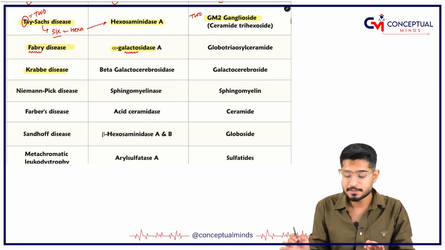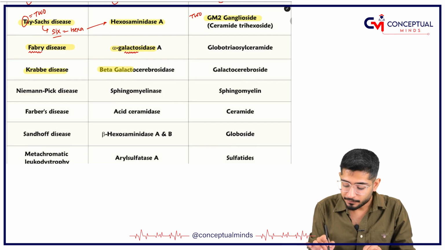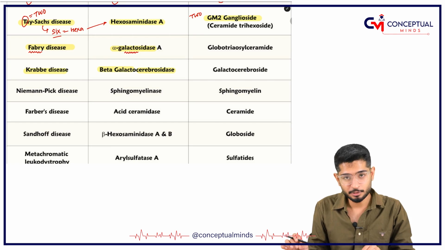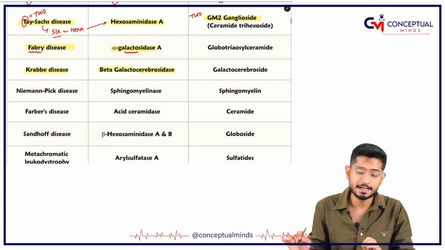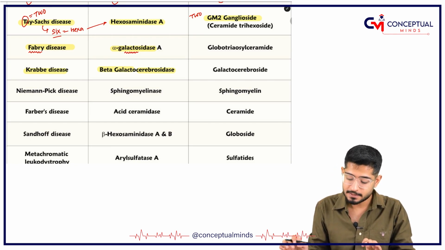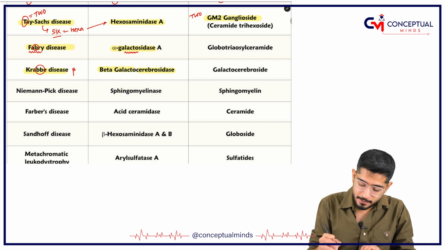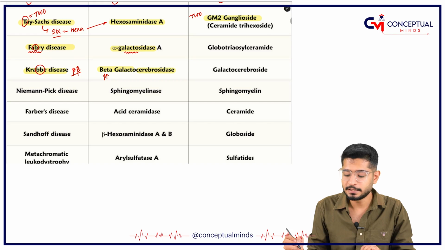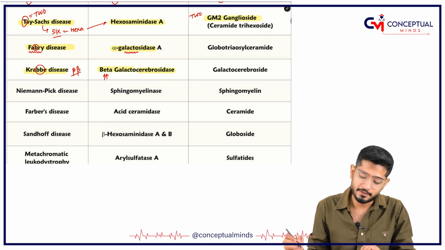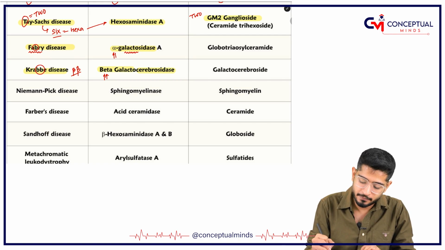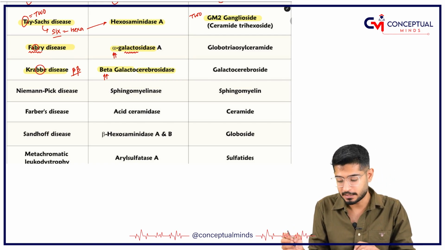Coming on to Krabbe's disease. What is Krabbe's disease? In Krabbe's disease, beta galactocerebrosidase is the enzyme which is deficient. Please remember Krabbe has a double B in it, Fabry's has a single B in it. Because of the double B, it is beta galactocerebrosidase or beta galactosidase deficiency, whereas in Fabry's only one B is coming, so it is alpha galactosidase deficiency.